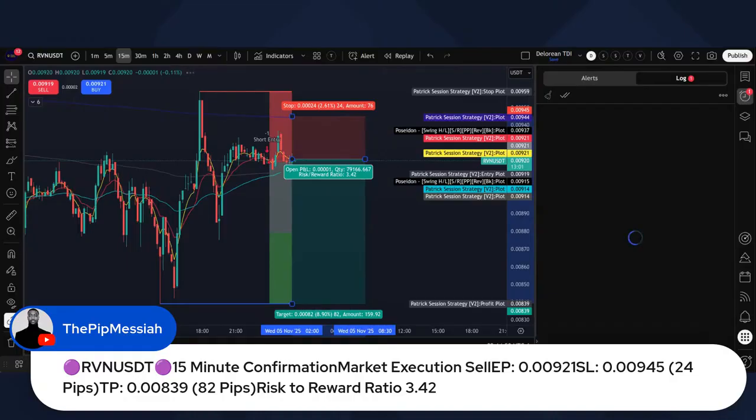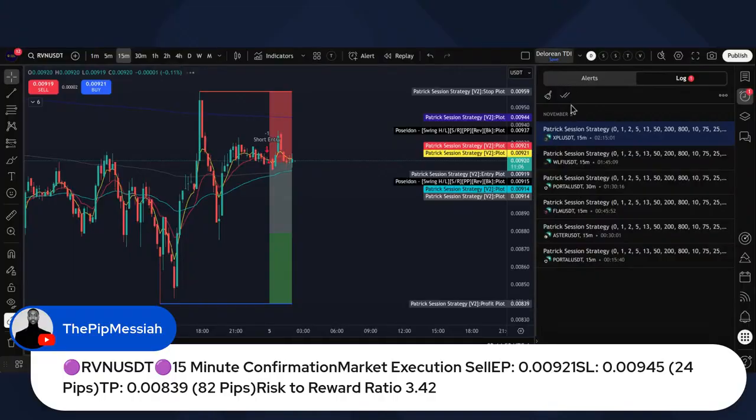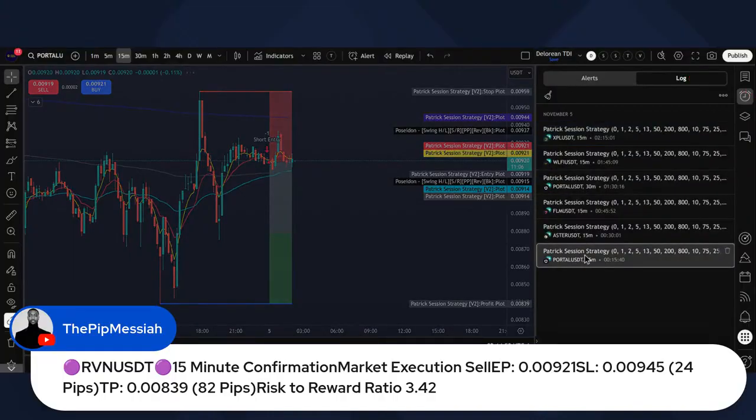TradingView's locking up on me. There we go. So why is it moving so slow? Just come on here.